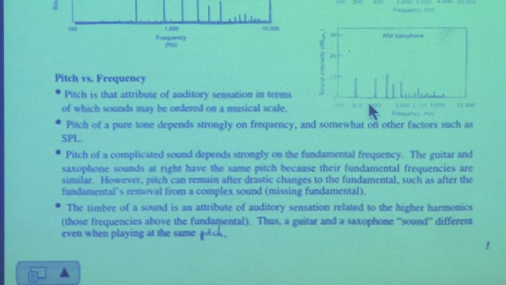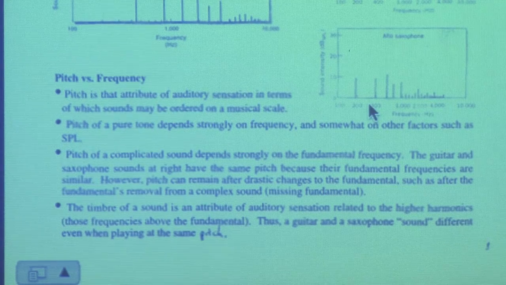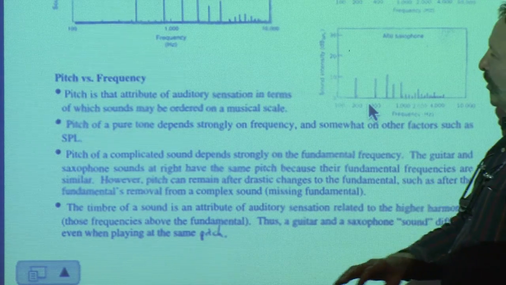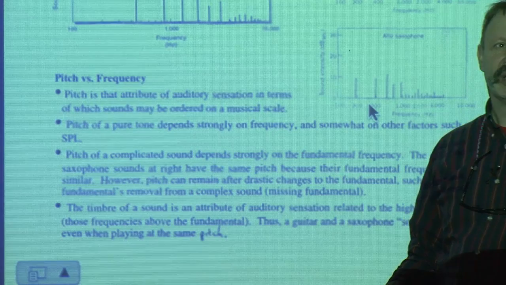And I gave you 20 different recordings. And I said, well, make a ranking of them. Put these down low, those are number 1 and 2. Put these in the middle, those are number 10. And then up to the high end, the highest one is 20. You could do that. The ones that were down low would be called those with low pitch.